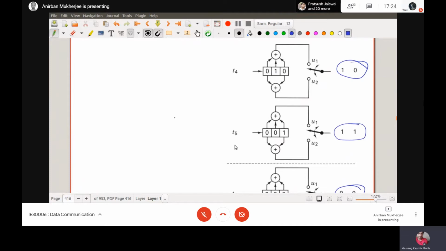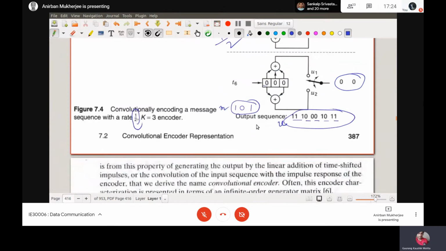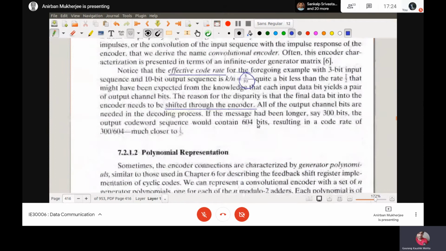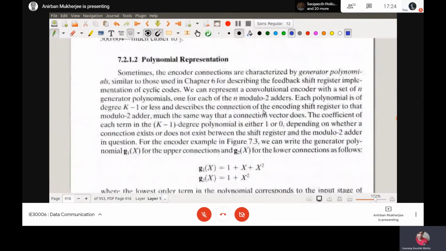From there, you have to get M1, M2, M3. For that, you need this connection information, and also K and the code rate half. This connection information we generally represent by a polynomial, the generator information.